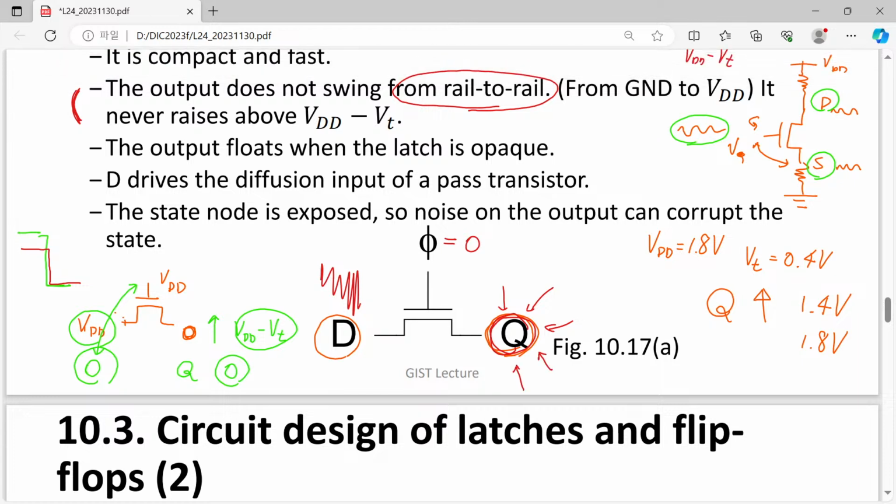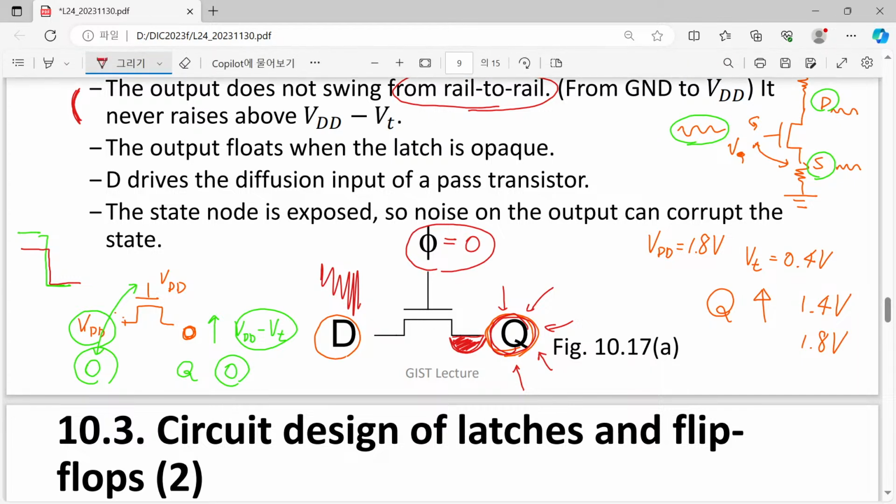For example, if we have diffusion, of course this is generated as just the diffusion region of our transistor, and if we have certain leakage current, then what will happen? Although we have set our clock signal equal to 0, the Q signal will eventually diminish and approach 0.